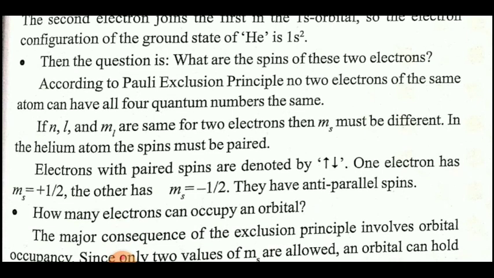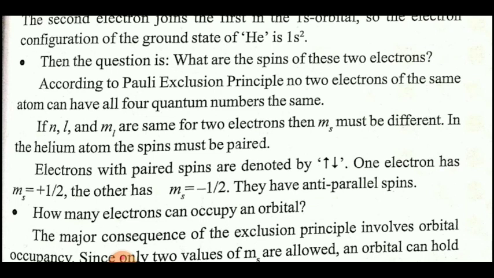But according to the Pauli exclusion principle, no two electrons of the same atom can have all four quantum numbers the same. Means there must be at least one that is different.